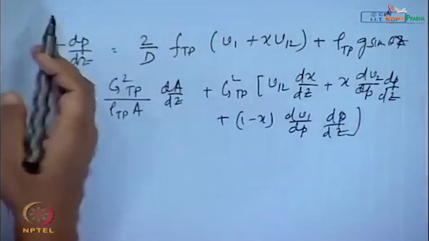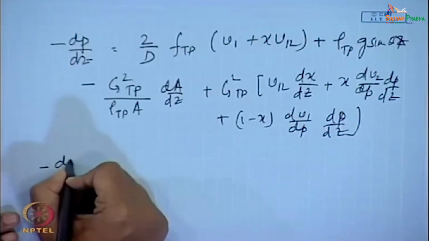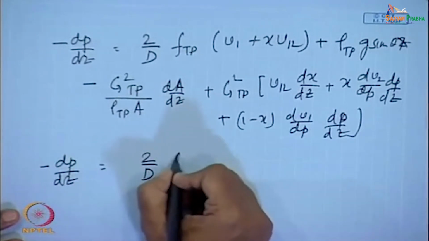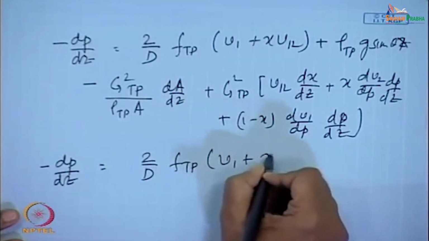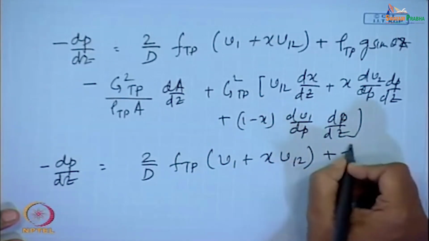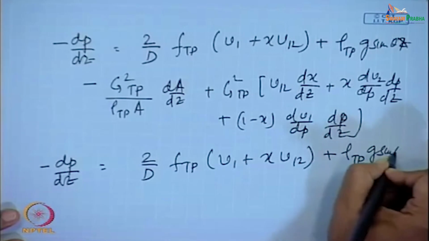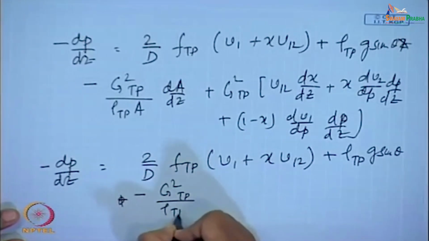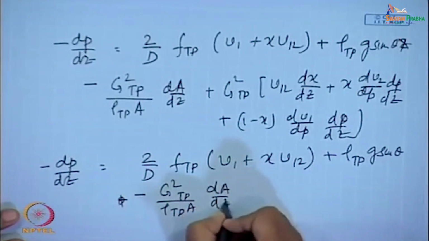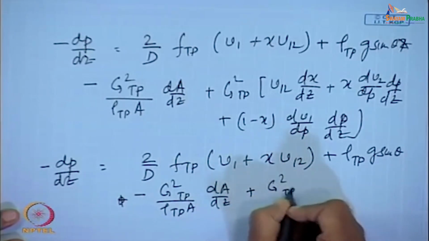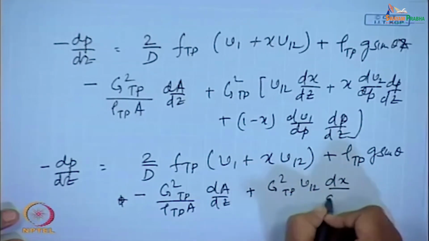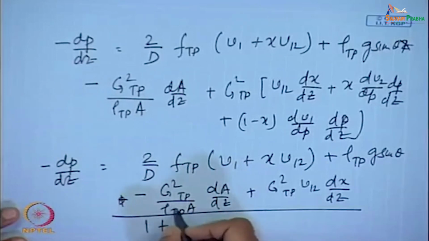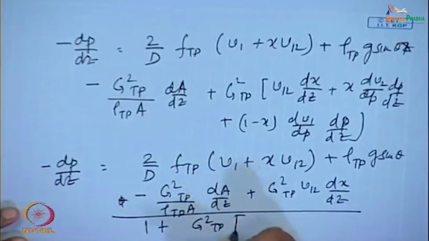Now, let us take all the pressure gradient expressions to the left hand side. Under that circumstance, what do we get? We get an expression as this, and this divided by, because everything has been taken to the left hand side, G square two phase.